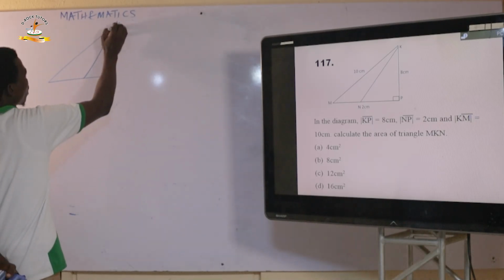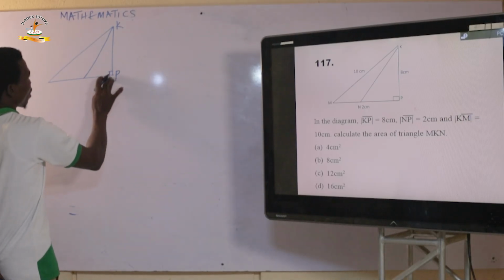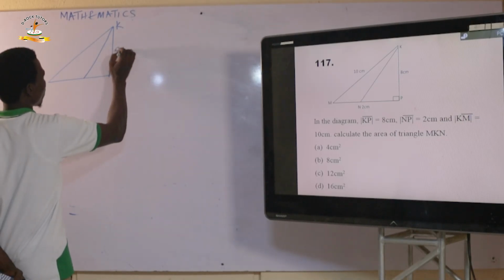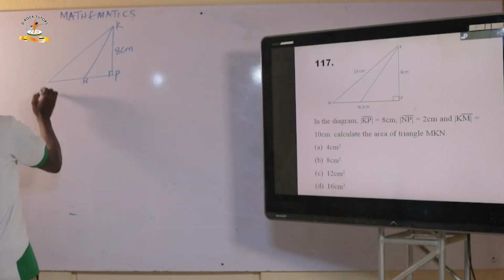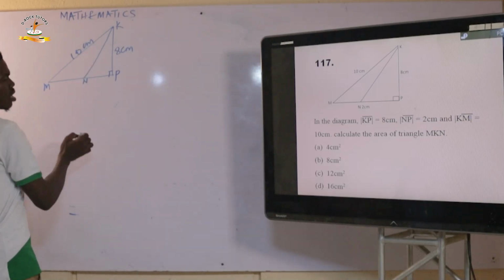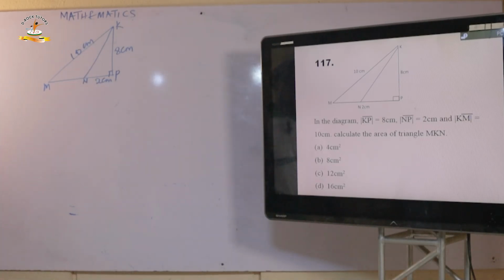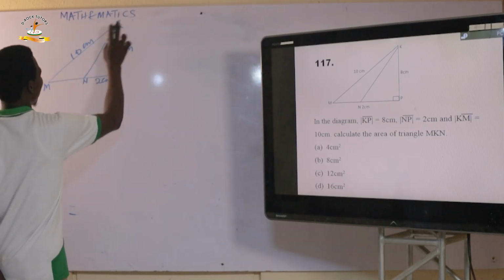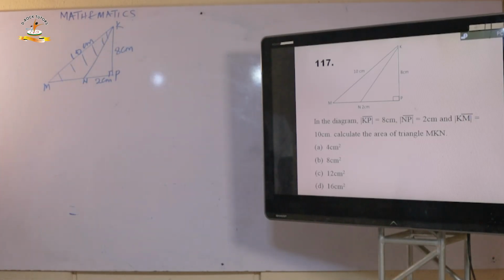So it is K here, it is right angle here, it is P here, it is 8 centimeter here, it is N here, it is M here, and 10 centimeter here, it is 2 centimeter here. So we need to find the area of MKN. That is this area I'm trying to shade now.